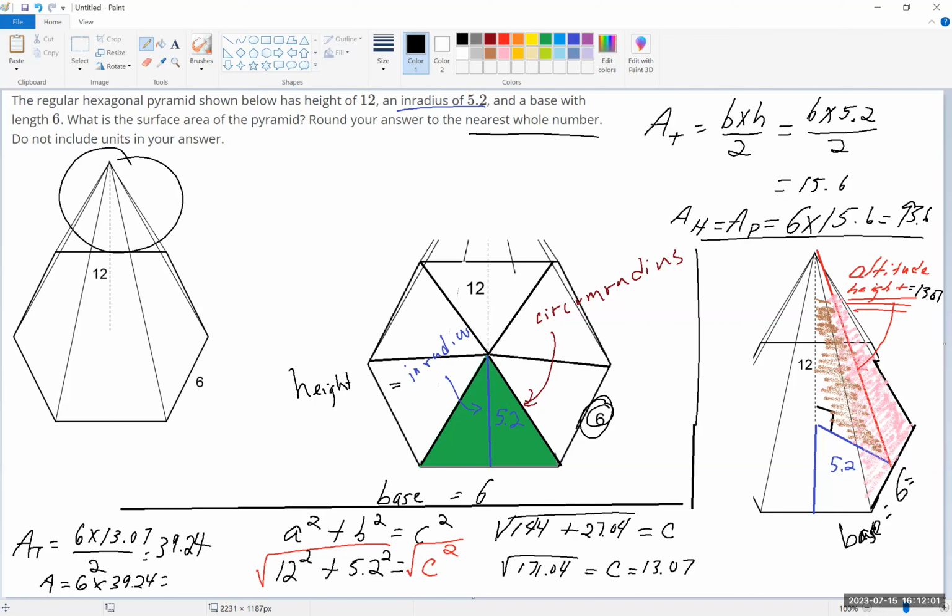Again, we're getting there. 6 times 39.24 is 235.44.